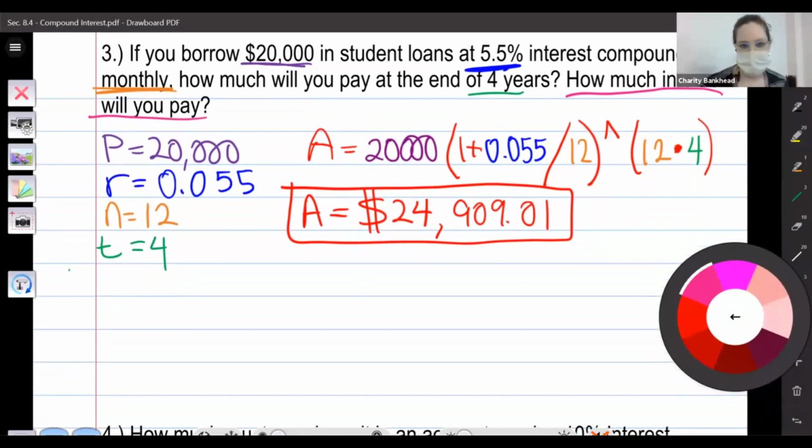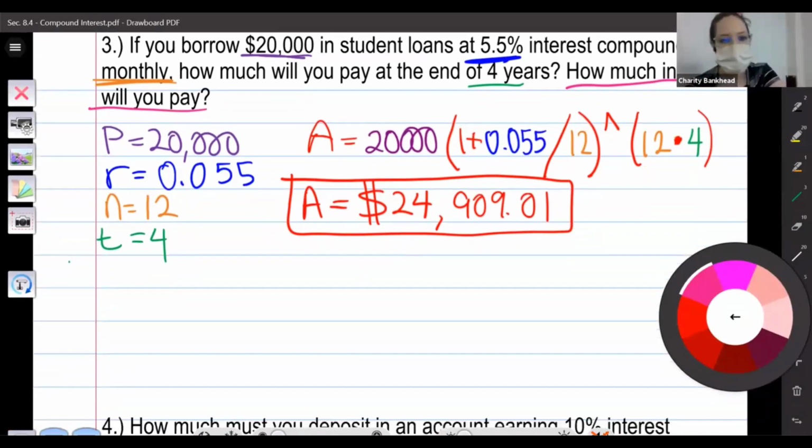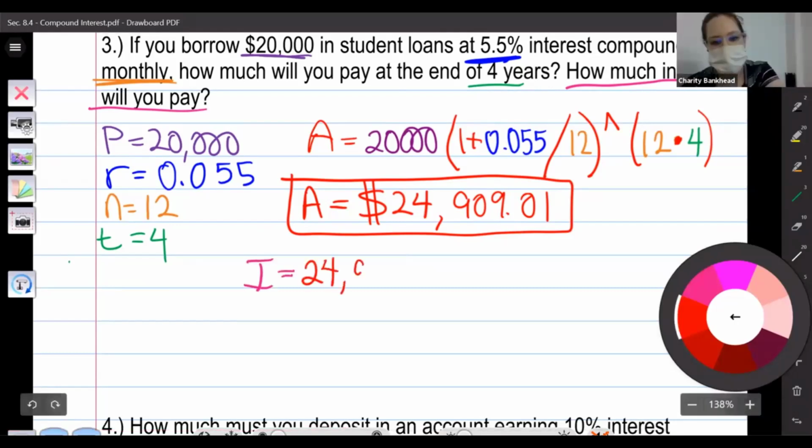So make sure that you do not use the simple interest formula because that does not apply because this is not simple interest. So never use the simple interest formula unless it specifically says the word simple. All you got to do is just subtract the principal from the total.